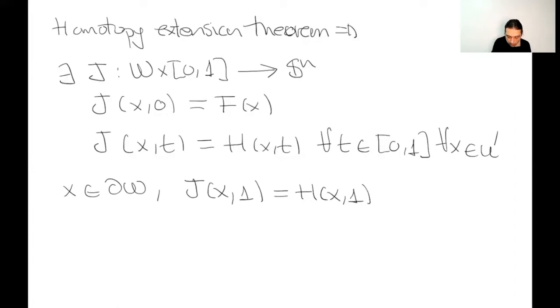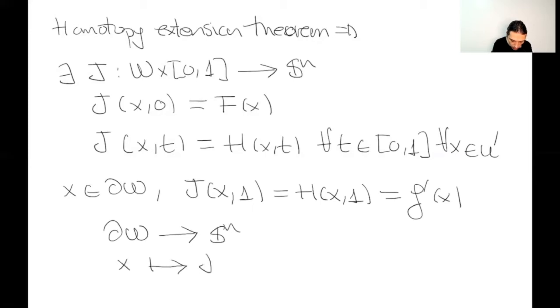But this map over here is capital F prime of x, which is small f prime of x. So what we get in this way is that the map from the boundary of W to Sn that sends x to capital J of (x,1) is indeed an extension of f prime.